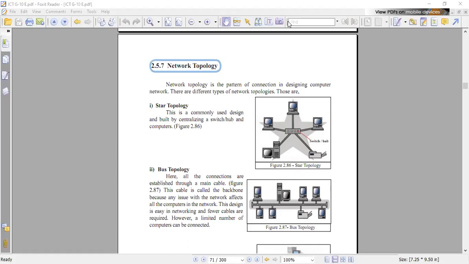Under that, first one, write down star topology. Star topology. You just draw something like this. Then name them. This is hub or switch. This is either hub or switch.